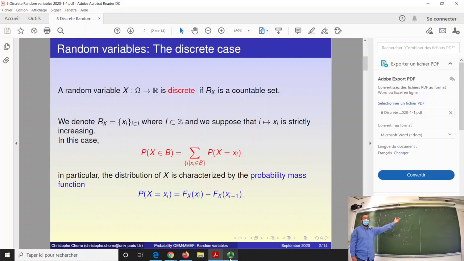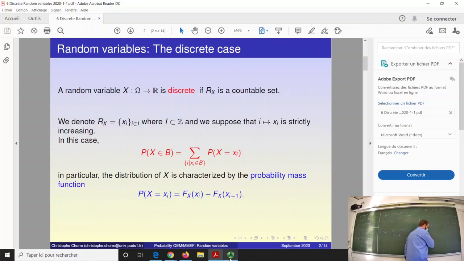So in particular, if I apply this one, if I take a equal in the discrete case to x_{i-1} and b equal to xi, I can apply exactly the same formula. That is the probability that X is strictly greater than x_{i-1} and less than xi is equal to F_X(xi) minus F_X(x_{i-1}). But what happened in my situation?